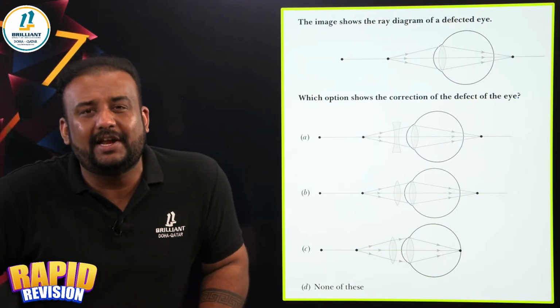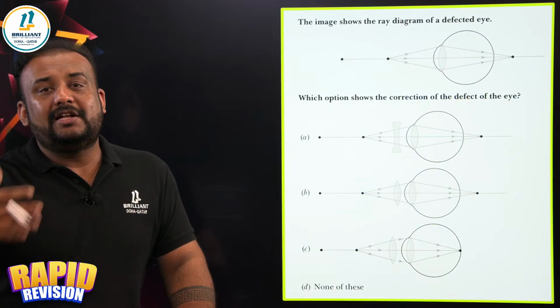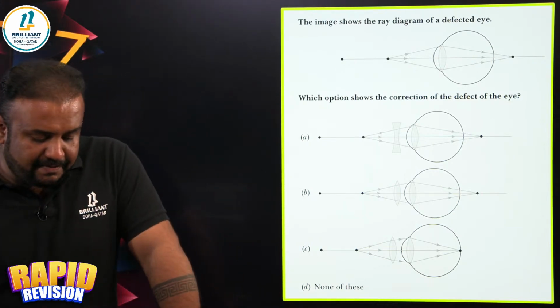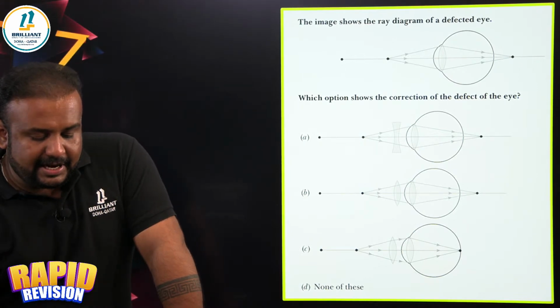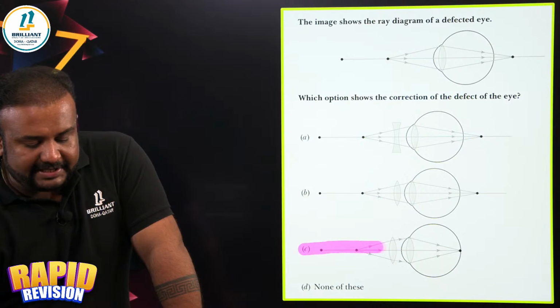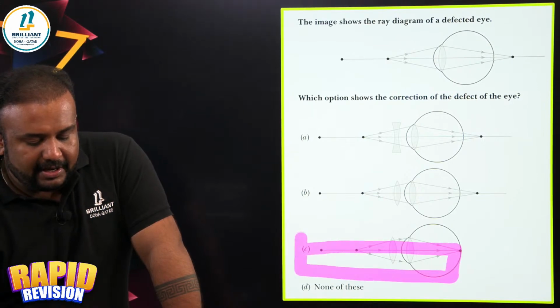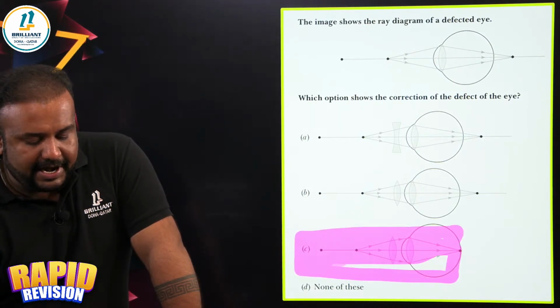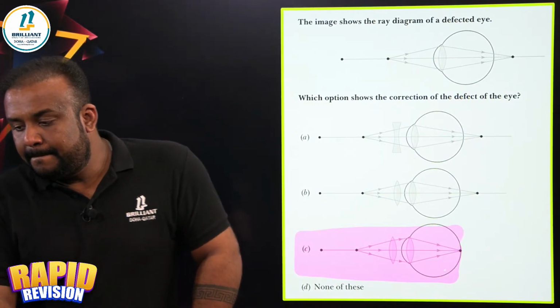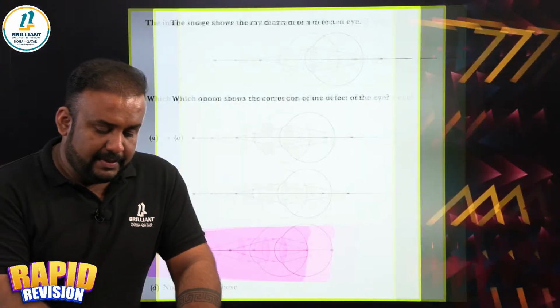So what should we do to correct this? You should add a lens which can converge it more. So which one will be the correct diagram? Yes, it's a case of hypermetropia and can be corrected by a convex lens of suitable focal length. So this will be the correct ray diagram. Is that clear?